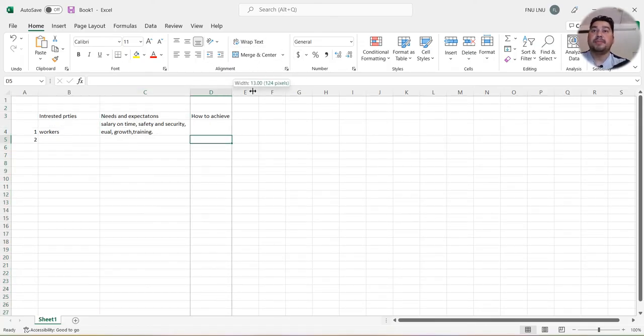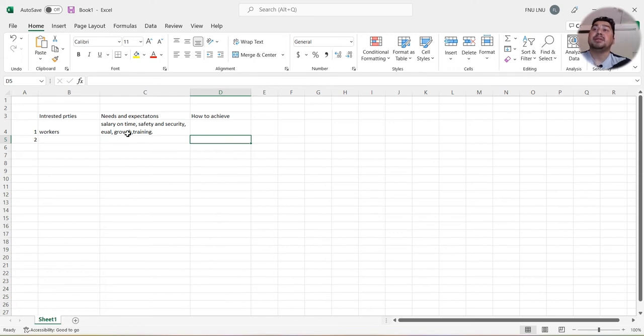Now, how are you going to achieve them? When you are writing the needs and expectations in one column, you have to write only one. Then you have to tell here how you are going to achieve that. Let's say salary on time. How are you going to achieve that?